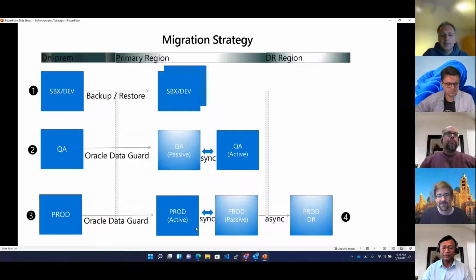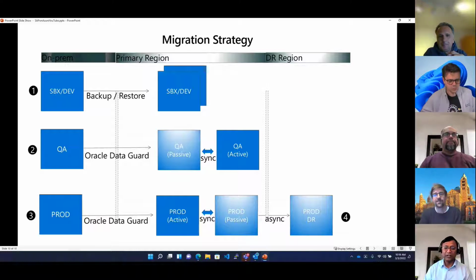Absolutely. Basically, when you do the switch from on-premises to Azure, you just stop the on-premises system, you synchronize the rest, which typically takes a very short time, and you flip over. That's it. 30 minutes. In 30 minutes, you're caught up and you're up.